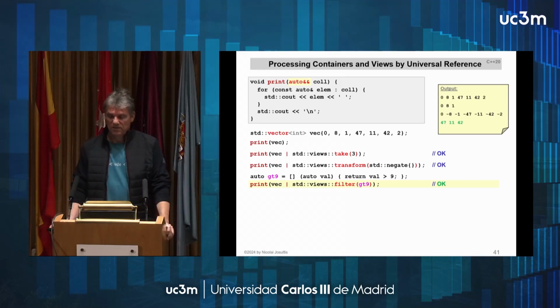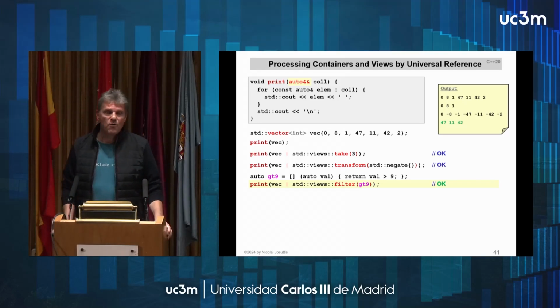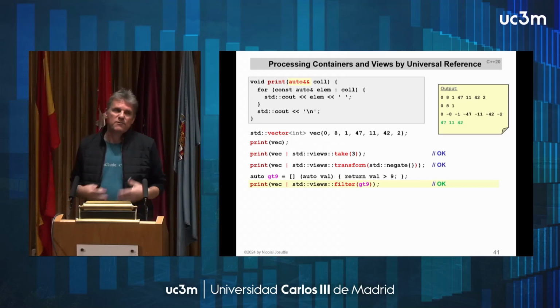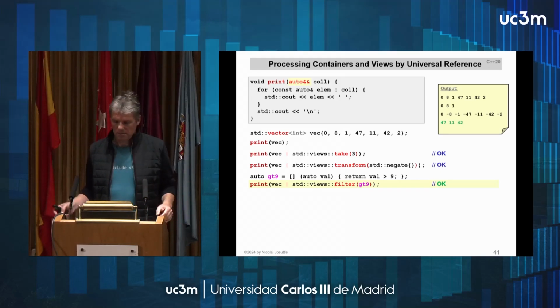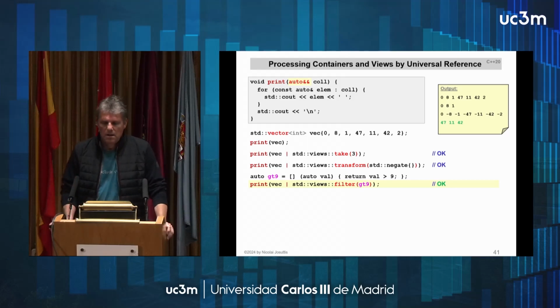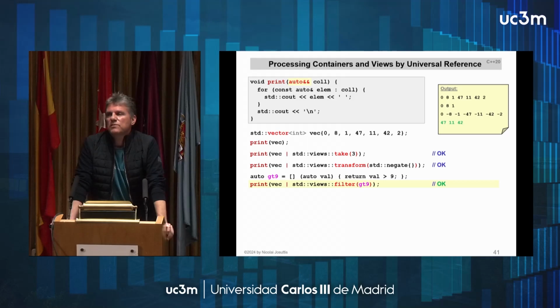So the correct name would be potentially forwarding reference. But that would be too long. Well, move does also not move. So in move semantics, every term is a fake, Donald Trump would say.